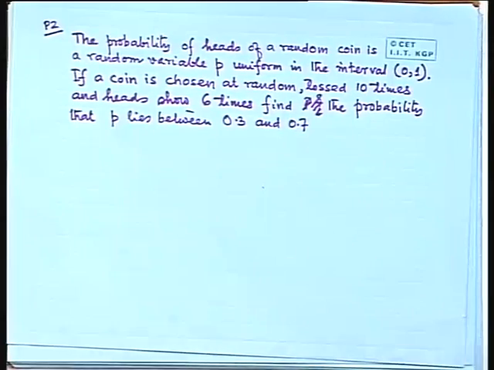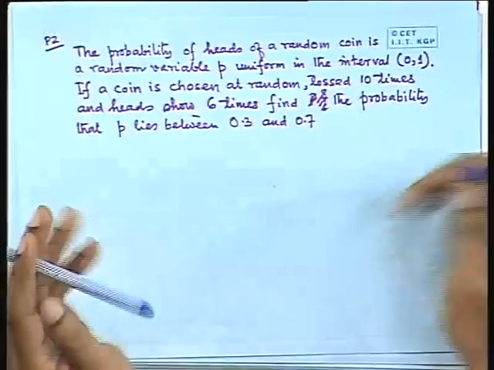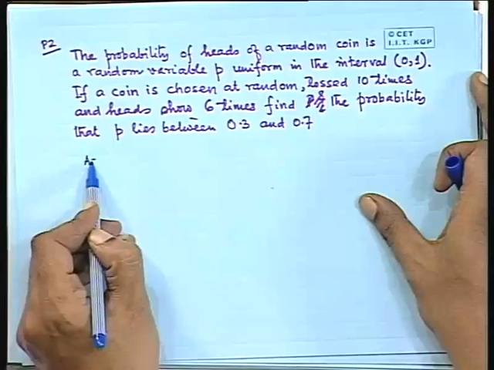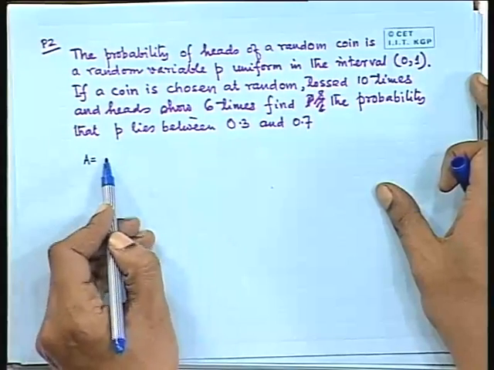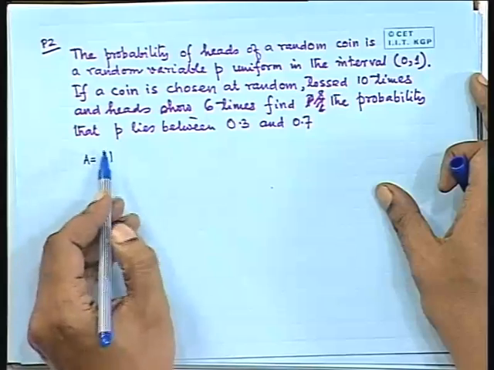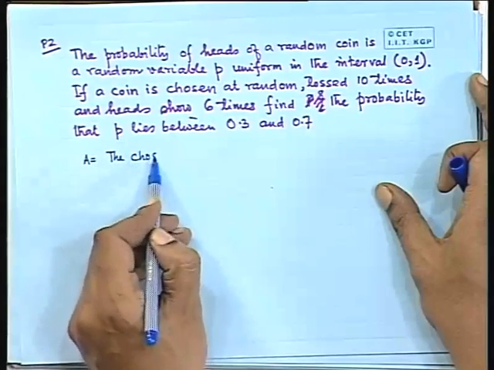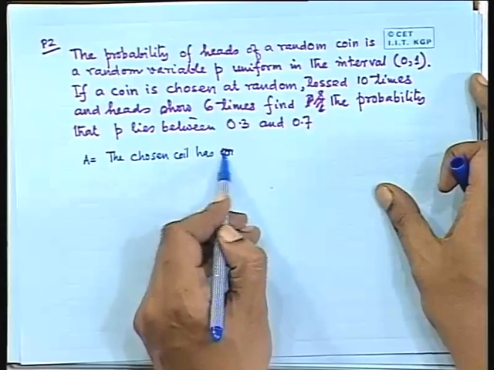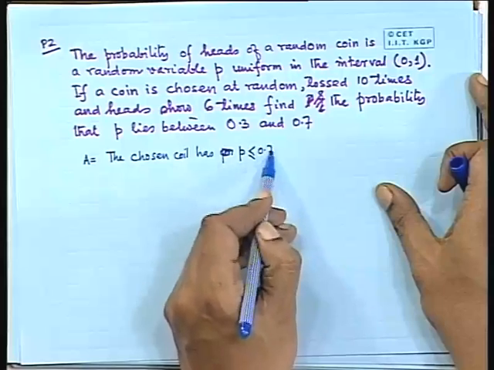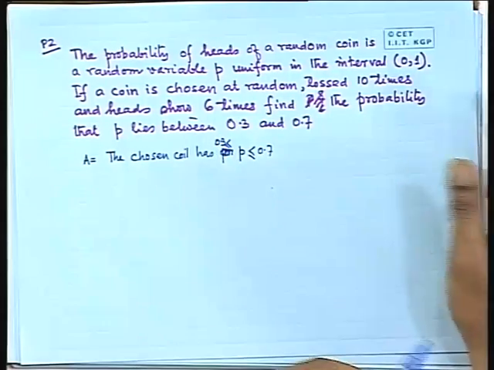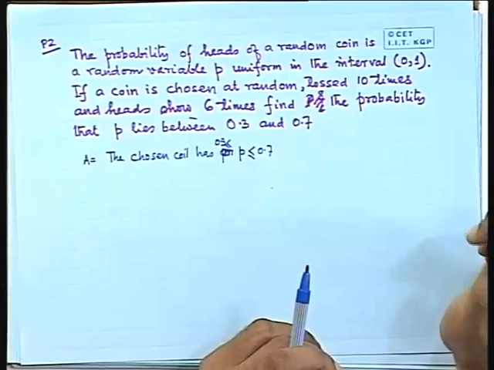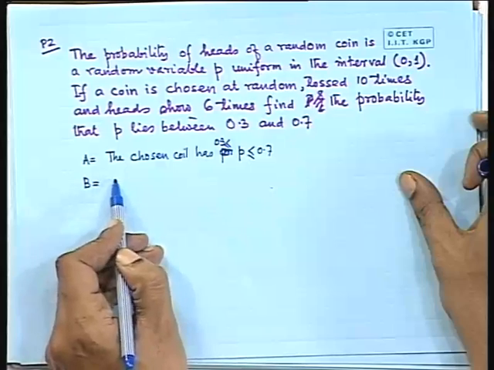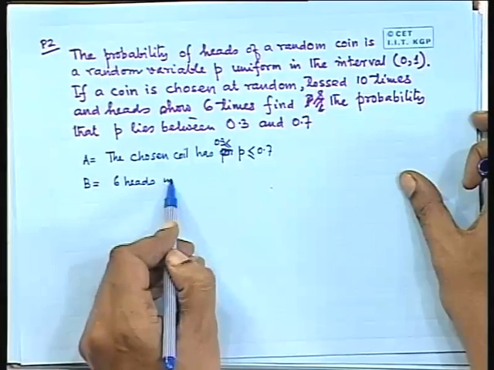Again, first mark the events. The first event A is the chosen coin has probability P, and the second event B is 6 heads in 10 tosses.